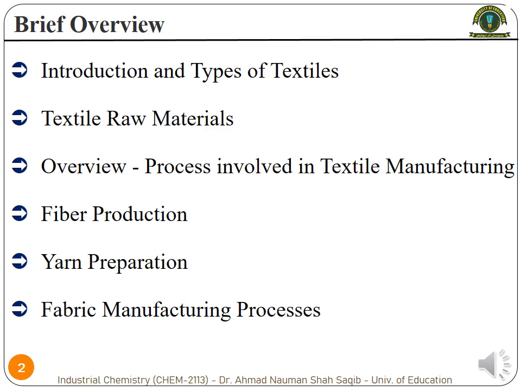Then in the second lecture we discussed some other raw materials used in fabric or textile manufacturing processes, and we had an overview of all the processes involved in textile manufacturing, from the cultivation of cotton to the engineered or final product.